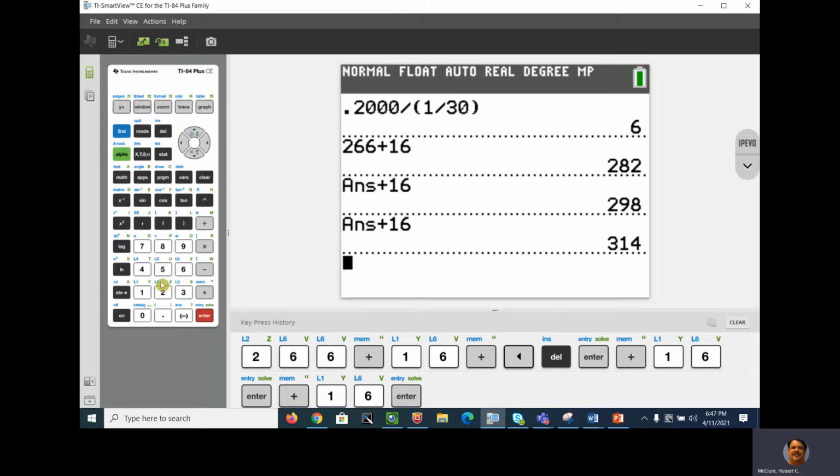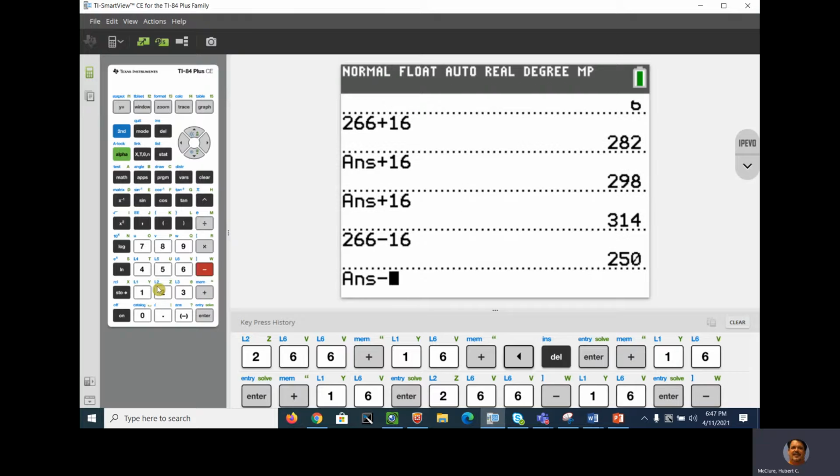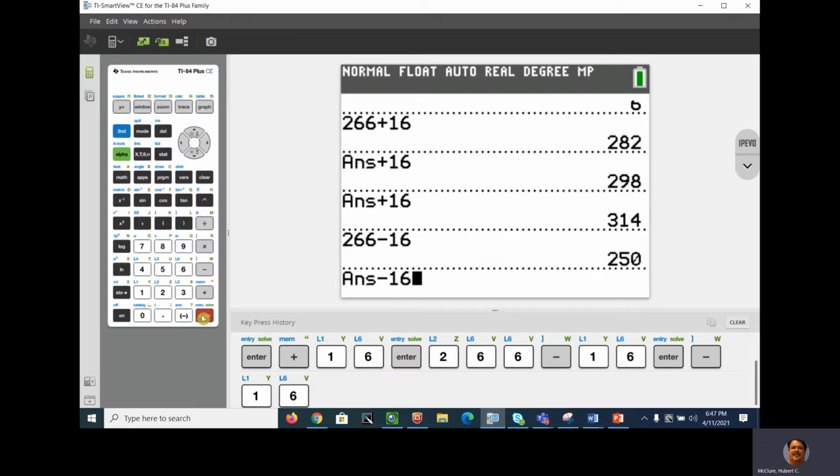And then we're going to subtract 266 minus 16, minus 16, and minus 16. So that's going to be 250, 234, and 218.